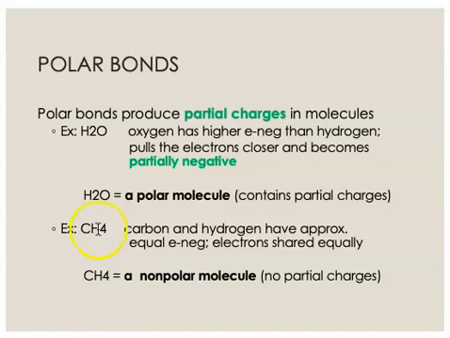So when we create 4 covalent bonds between carbon and hydrogen, and that's what we have in a molecule like methane, the electron pairs in each one of those bonds are going to be shared equally between the carbon and the hydrogen. Therefore, we have nonpolar covalent bonds in that molecule. No partial charges are forming, so we have a nonpolar molecule.